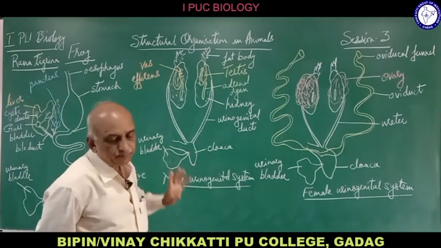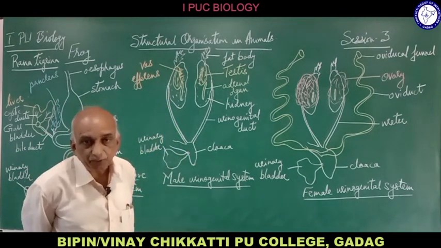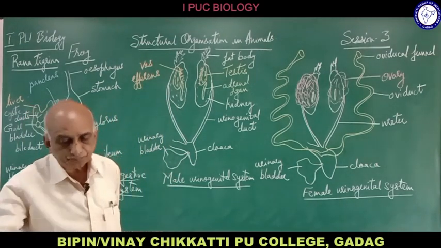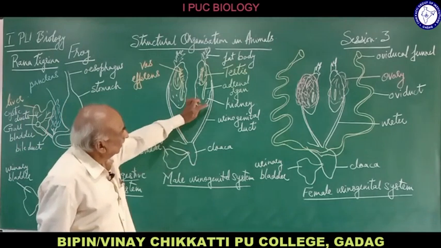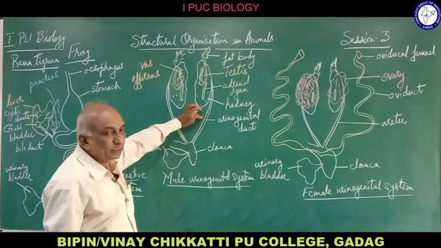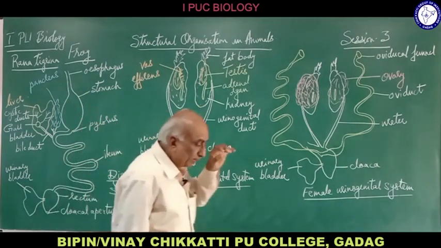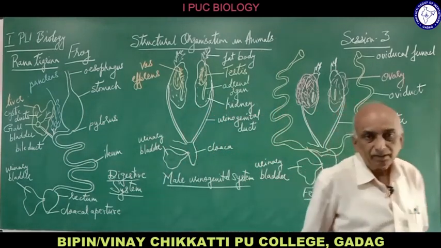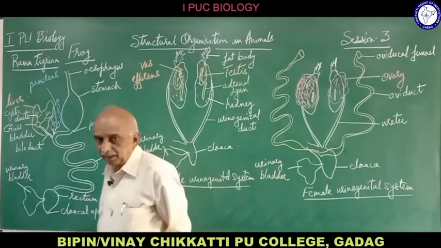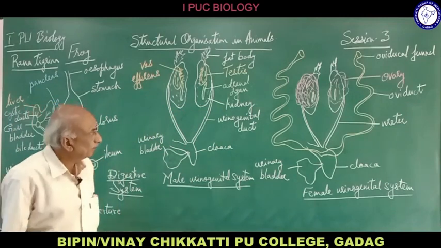The kidneys, which are made up of nephrons or uriniferous tubules, produce the urine, and that is carried by the ureters. But in the case of the male, it is called the urinogenital duct. It is carried and stored in the urinary bladder, where it is released into the cloaca, and then externally it is released by the cloacal aperture. That is about the excretory system of the frog.